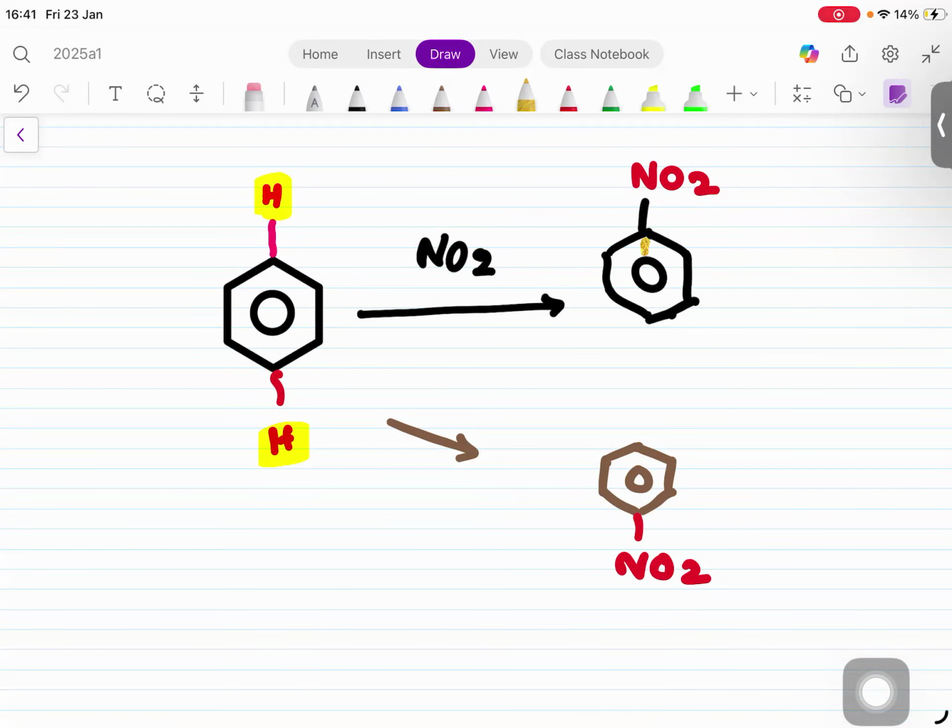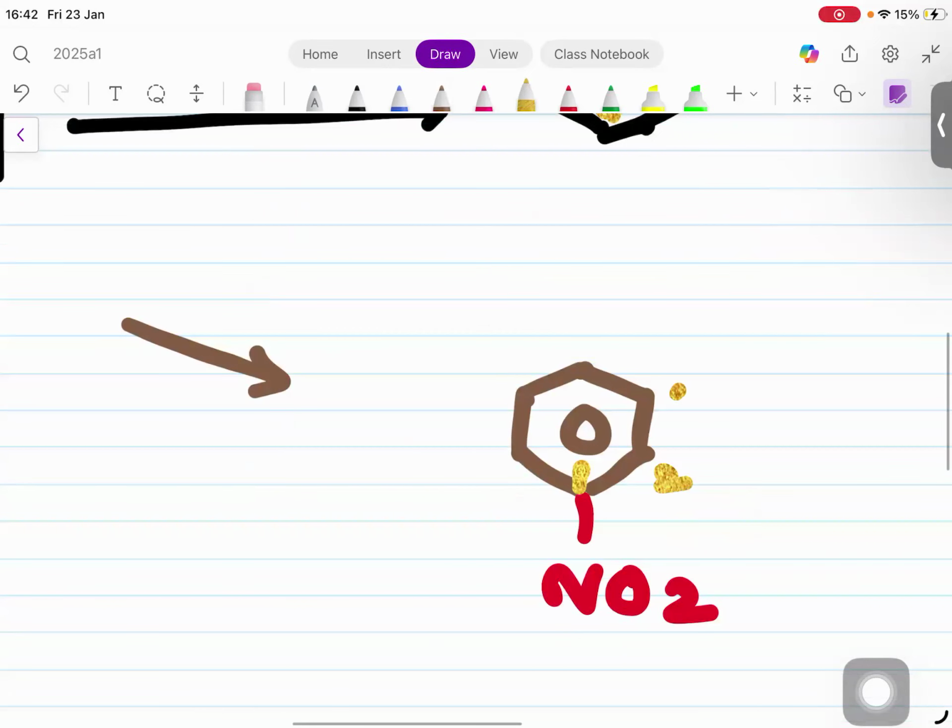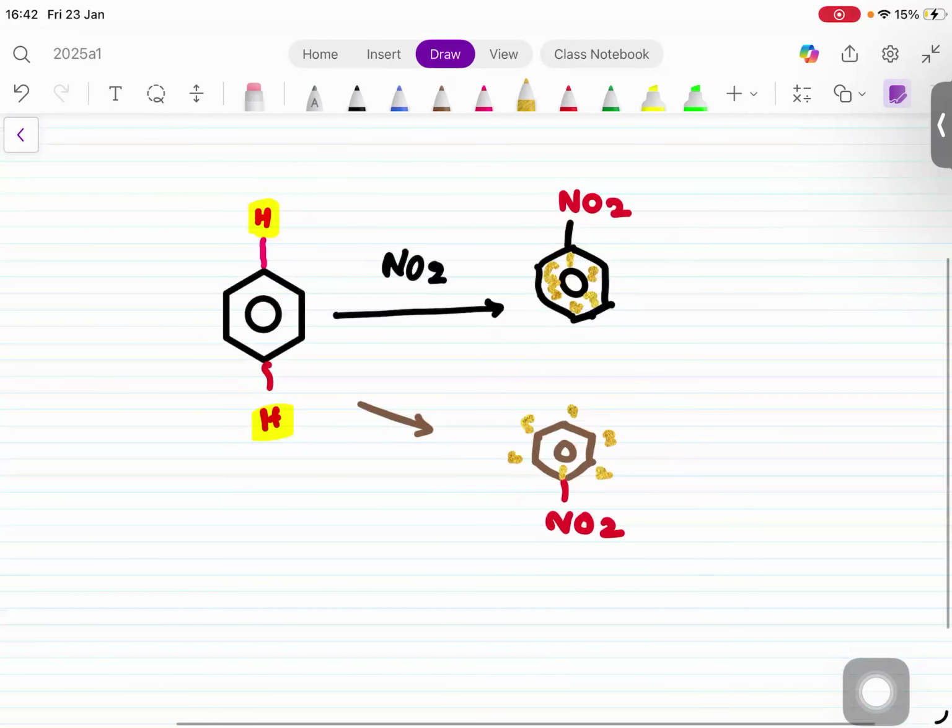In this case, this was number 1, number 2, number 3, number 4, number 5, number 6. So 1 nitrobenzene, this is also number 1 now here, down. 1, 2, 3, 4, 5, 6. So that's why we don't distinguish between them. We say it's a nitrobenzene, not 1. So when the first hydrogen is replaced, NO2 can go anywhere.